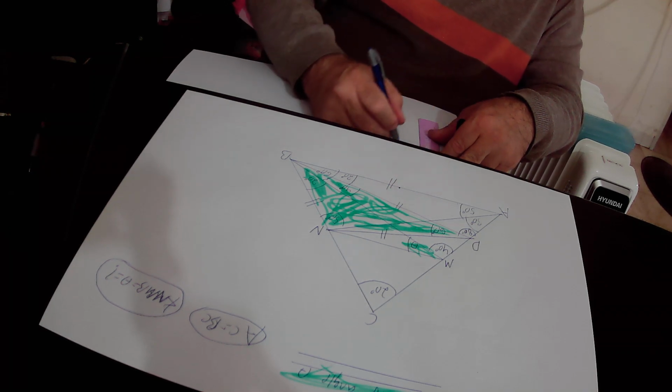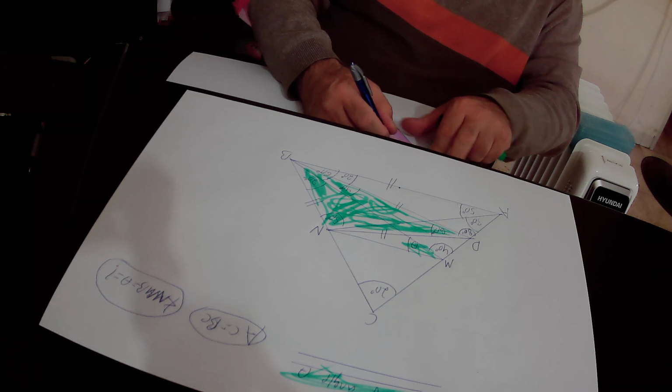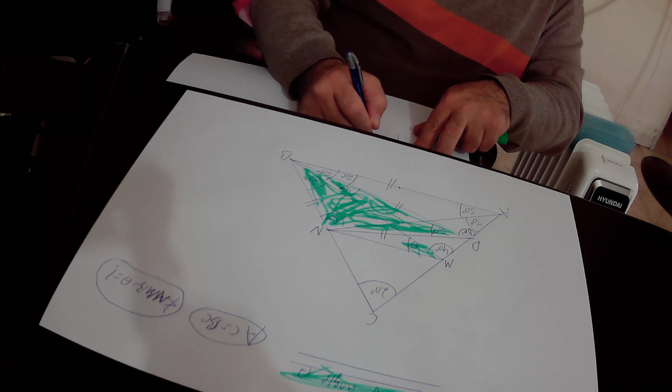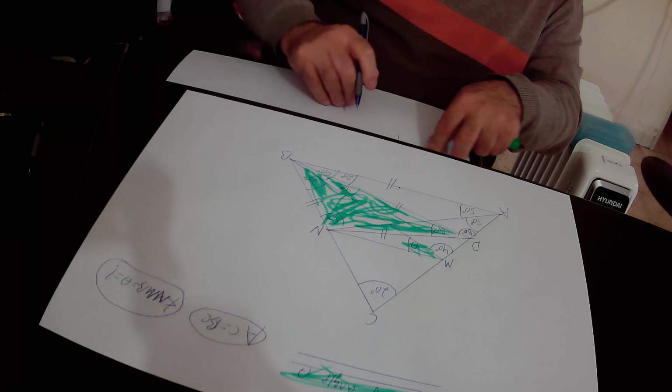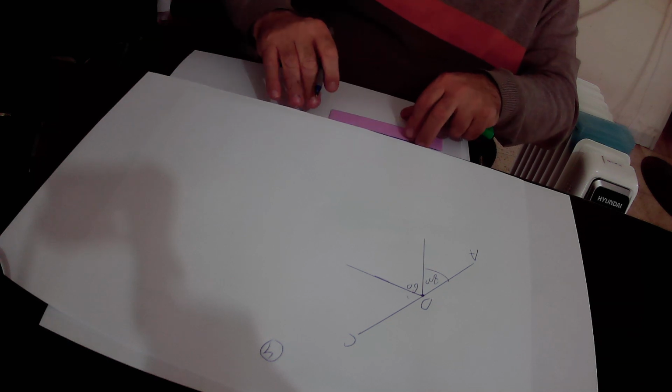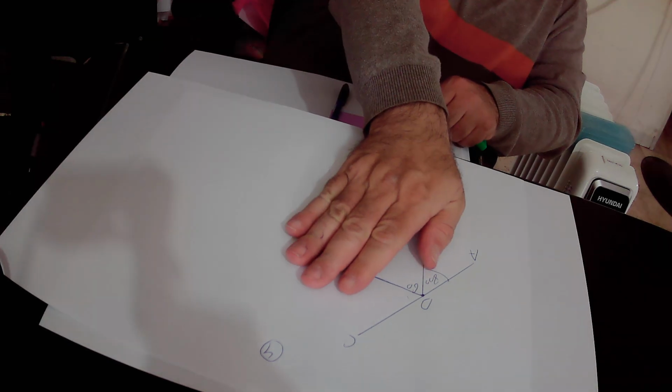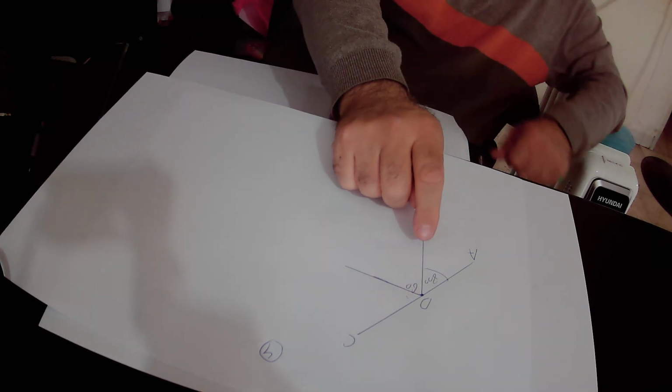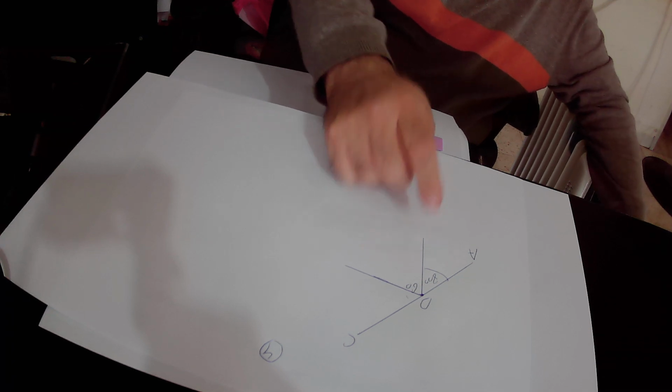This angle equals 60 degrees. Repeat again: on this side of the straight line CA at point D, this angle equals 80 degrees. This angle equals 60 degrees.